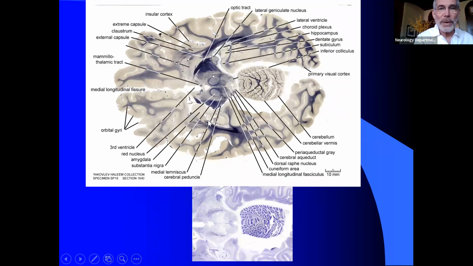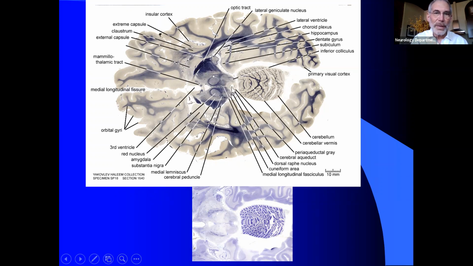And so now we're on an axial view, and you can see here's the midbrain, obviously the crus cerebri, the substantia nigra, the red nucleus and its surrounding pathways, the periaqueductal gray, the tegmentum of the midbrain, and then the tectum of the midbrain back here, which will be the colliculi.